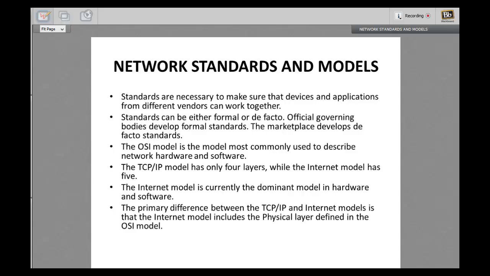Can you give me some standard organizations? For example, if you remember, we had IEEE and ISO. These are the standard organizations that are generally involved in the production. ITU also.